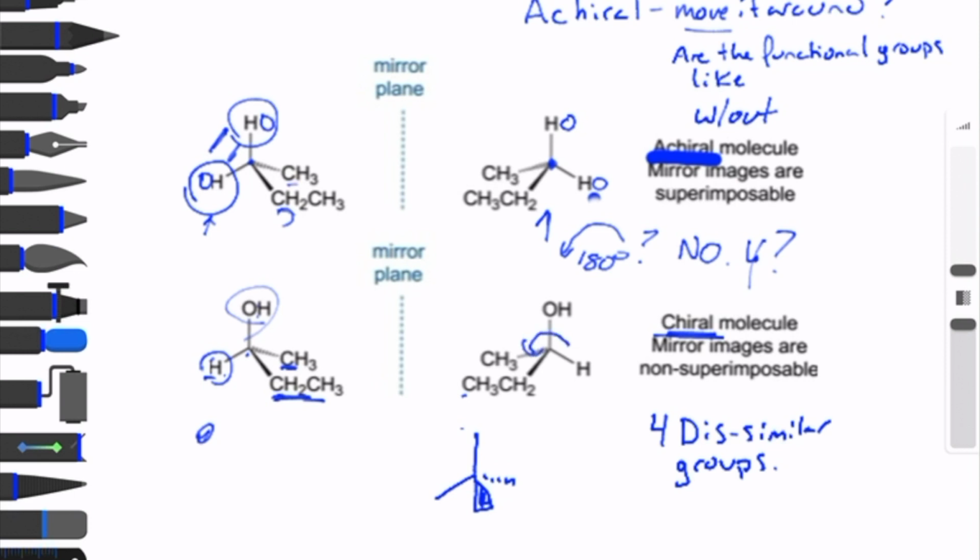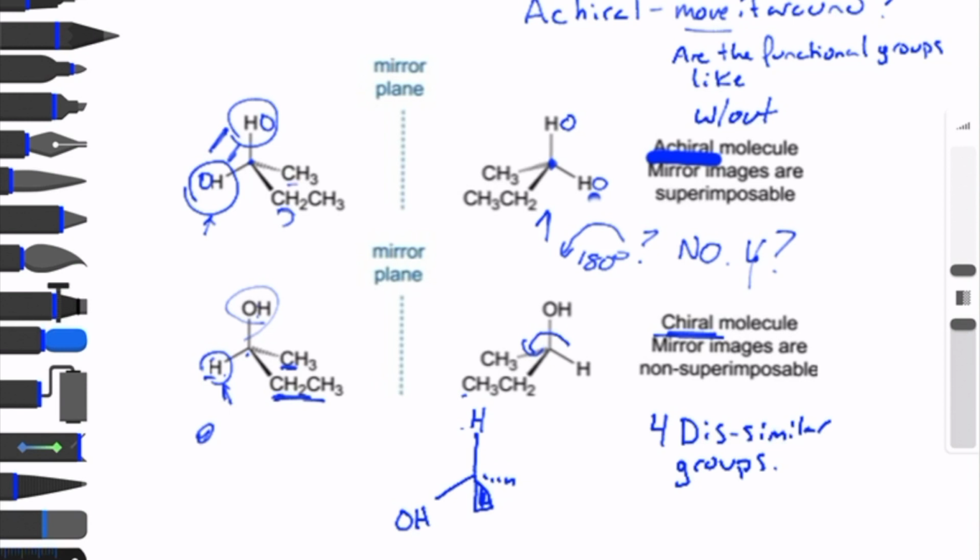If we move this 180 degrees to the left, or rotate it rather, our alcohol on the right molecule is now going to be in our bottom left neutral plane, okay? So already we're seeing the similarities. Our hydrogen is going to be on the top neutral plane, okay?